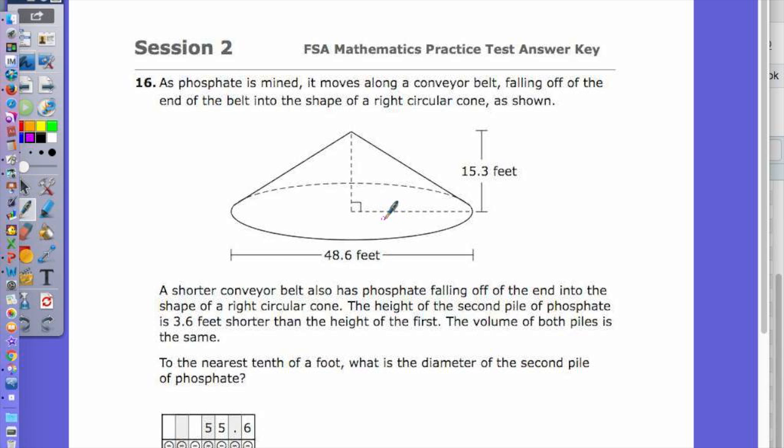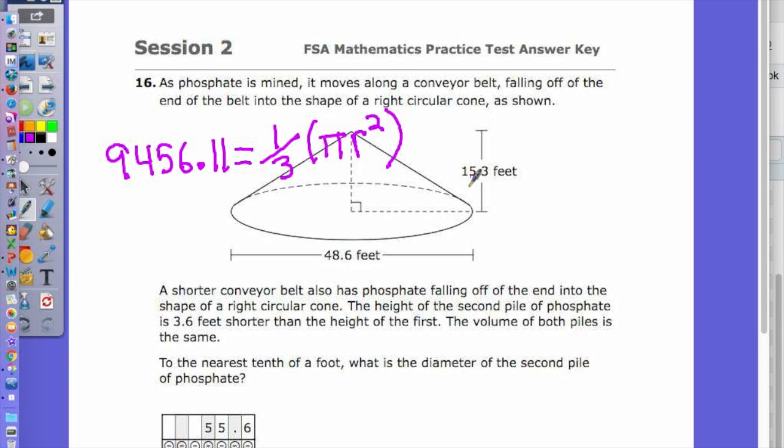That's the radius squared times 3.14 times 15.3 divided by 3. I don't remember what the answer is. It's like 9,400. 9,456. That's the volume of your new pile of phosphate. Your formula for the volume of a cone is 1/3 times pi times radius squared times the height.